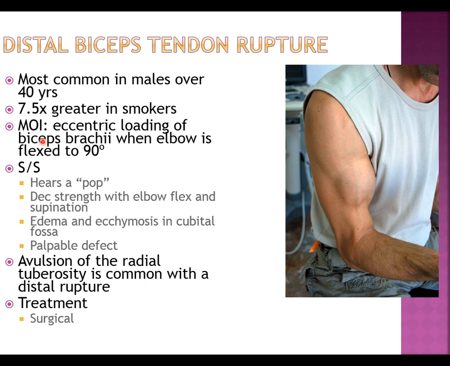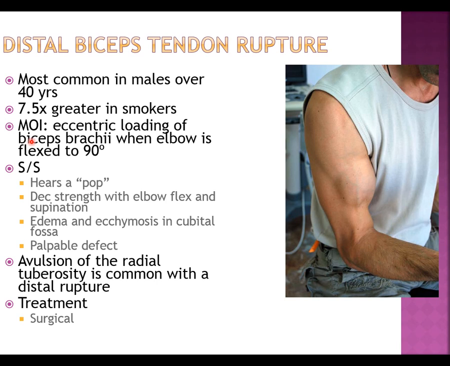But what we're going to see here is eccentric loading of the biceps brachii when the elbow is flexed to 90. So you have your recreational male athlete who's out there doing whatever activity, and there's a forceful extension of the elbow. When you're at 90, if it's pushed down and you're trying to resist it, that's an eccentric contraction, causing a rupture.